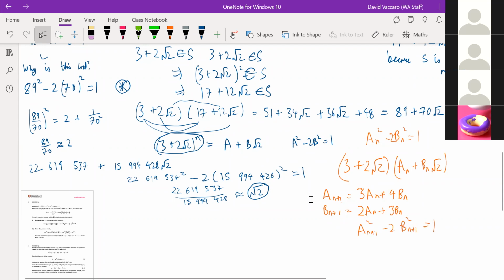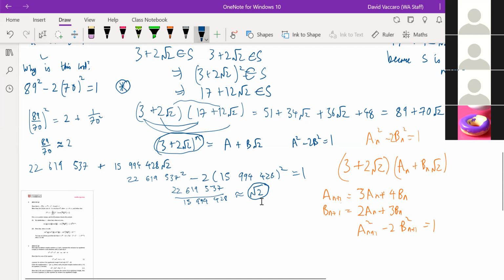That's what the math question asked you to do, and then it got you to start the recurrence with 3 plus 2 root 2 and get solutions of Pell's equation, and justify that as you went further, you got better and better approximations to root 2.